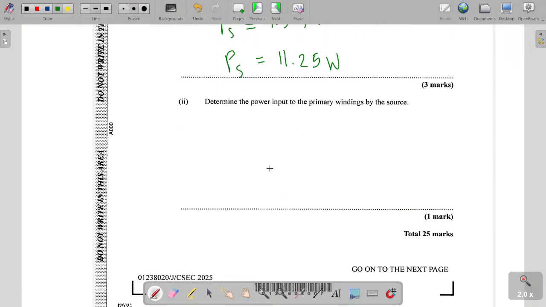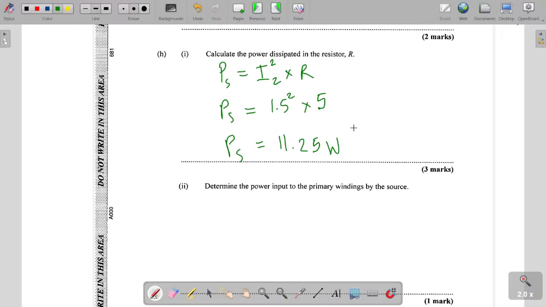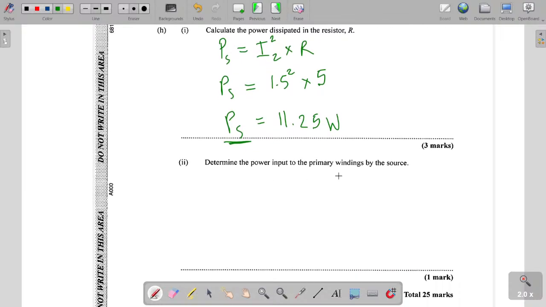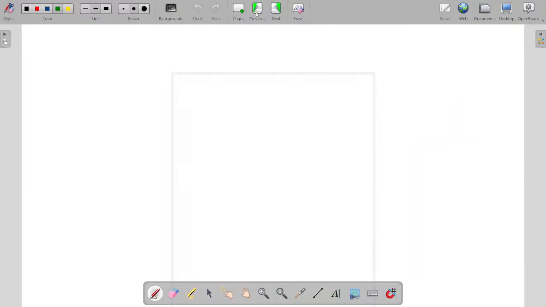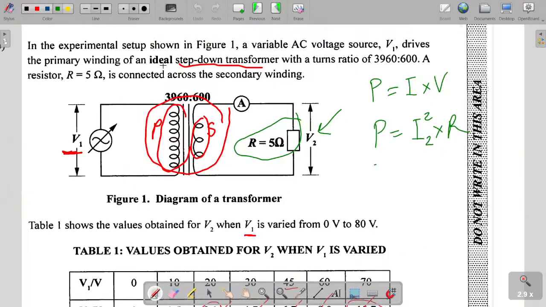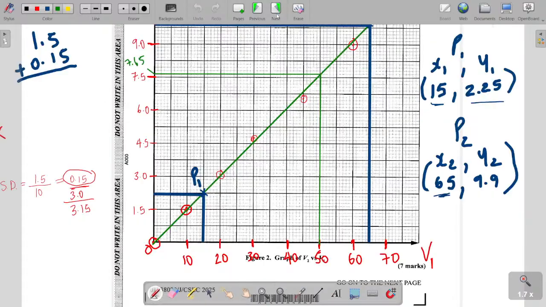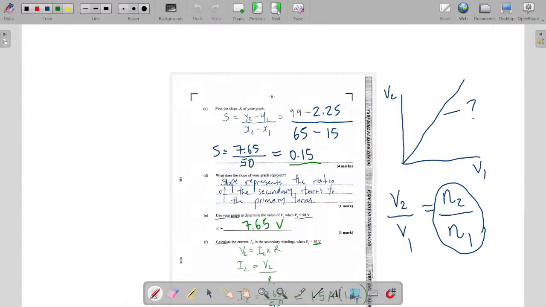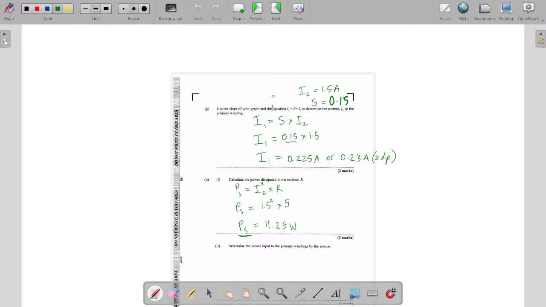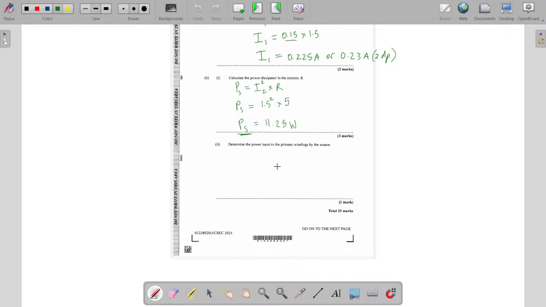Now the next part of the question asks us to determine the input power to the primary winding by the source. If you notice, we have calculated the power for the secondary winding, and because the question said that we are looking at an ideal transformer, for ideal transformers the power that is provided must be equal on both sides.